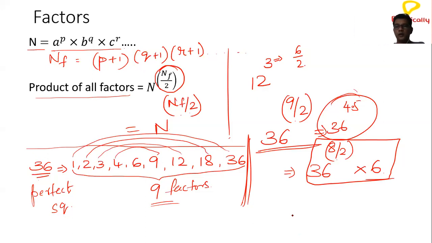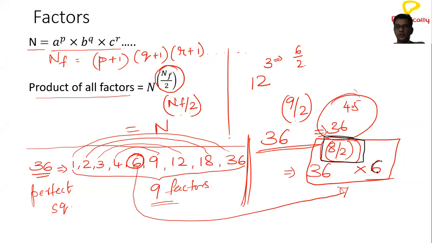Because the 5th number that you have exists only as a single. He doesn't have a pair for you to multiply. And so you remove the 6th number outside, and the remaining 8 numbers you make into pairs. And thus you have made the remaining 8 numbers into pairs, and so you got 8 by 2, which is 4 pairs. And the last number, who was a single, you have multiplied separately.